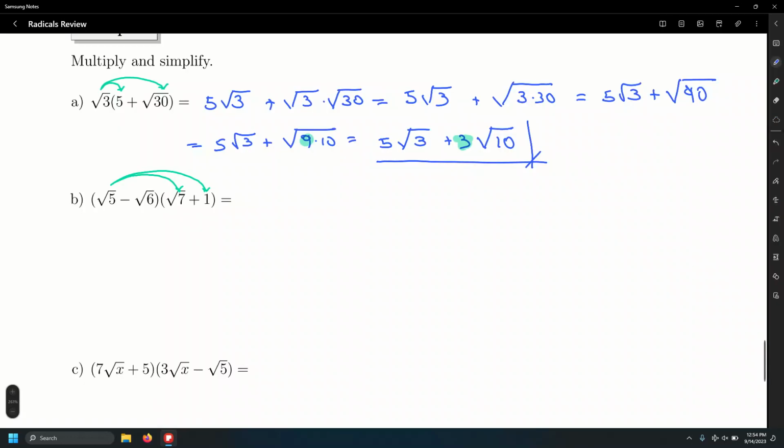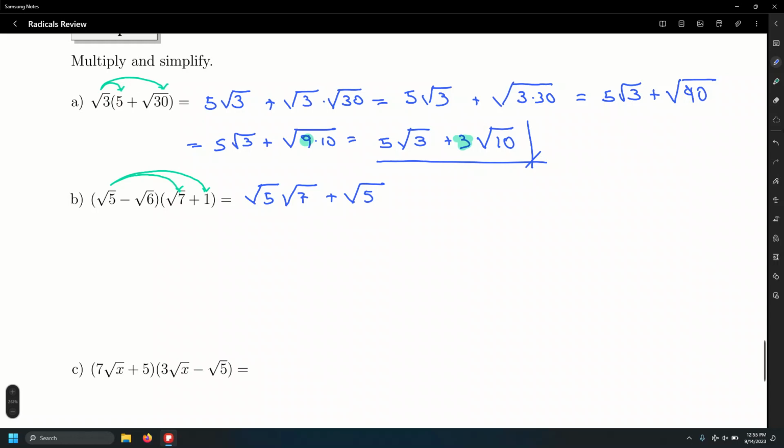From here, what we're going to get is, number 1, the square root of 5 times the square root of 7. Leave it as a product for a second, and then the square root of 5 times 1, which is just the square root of 5.